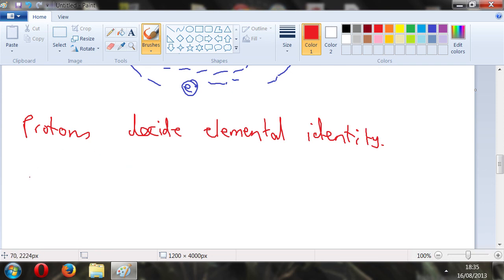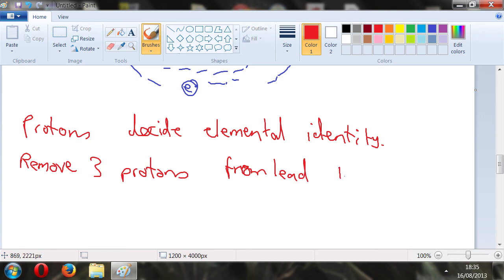So, for instance, you could remove 3 protons from lead to get an atom of gold. Obviously, the forces are incredibly strong, but that's what you'd need to do such a thing.